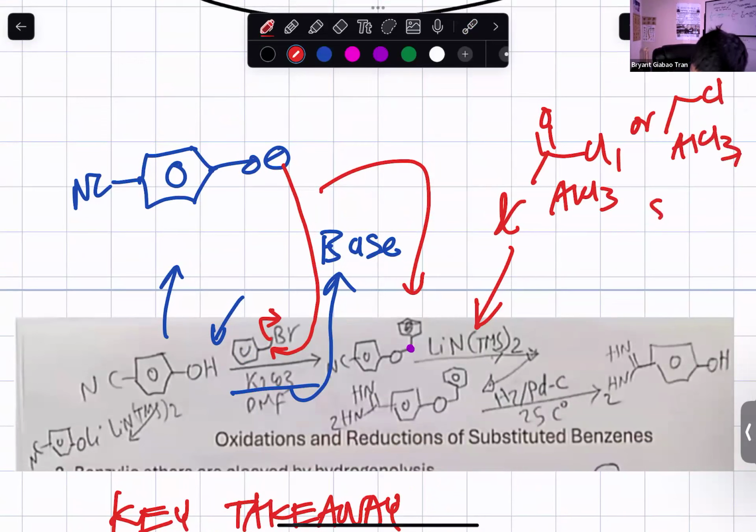Some strong base, like OH minus, H minus. Let me give you a similar problem here that you have to use that protecting reagent in.